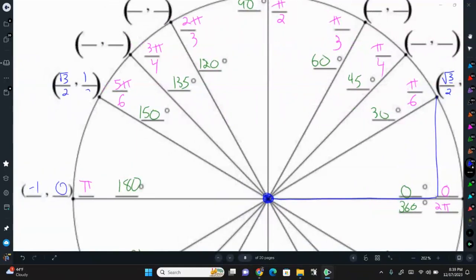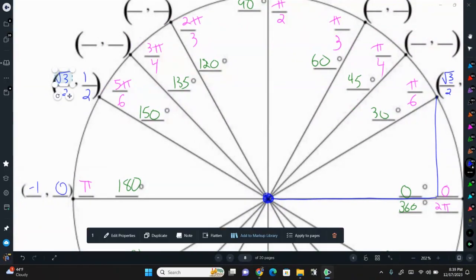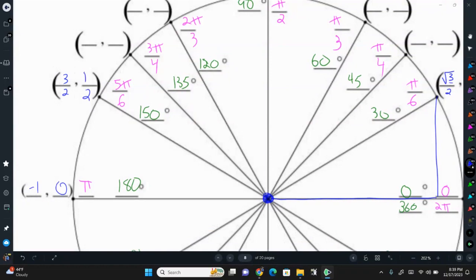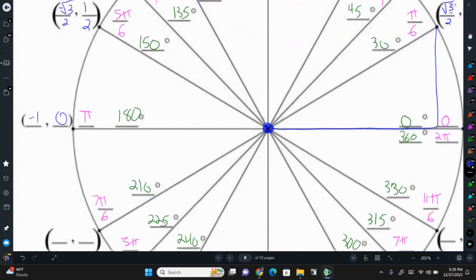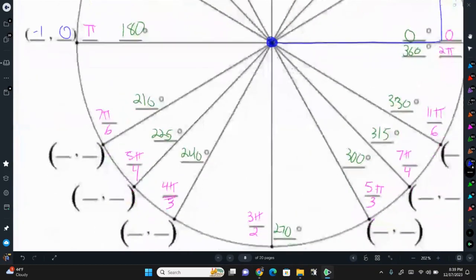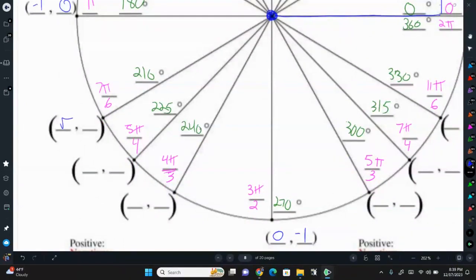Now, this is another pi over 6 over here, so it's going to be the square root of 3 over 2, 1/2. But in this quadrant, we are now in quadrant number 2, where the x values are negative. So this will be negative square root of 3 over 2. We reflect that down here. We have another pi over 6. So again, we have the square root of 3 over 2, 1/2. But since we are in quadrant 3, both values, x and y, are negative.